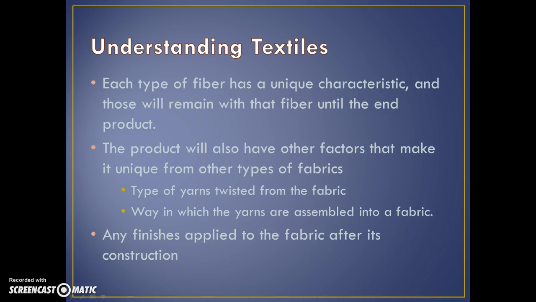They may counter some of the original characteristics of a fiber, or they may enhance it and work with it. So we will see more and more factors that will affect the way a fabric comes to its ultimate end and how it's going to work and service as a product.